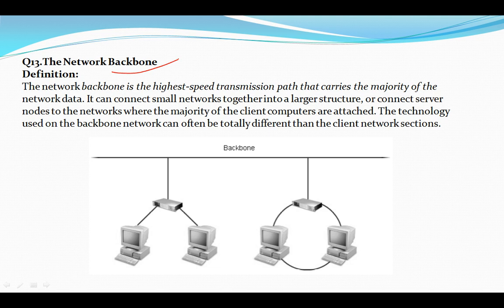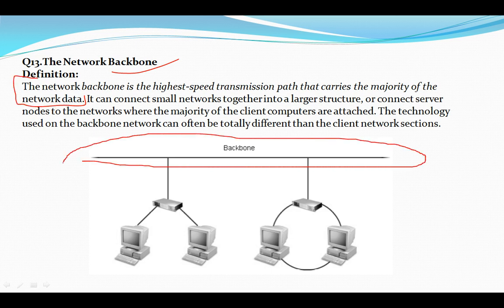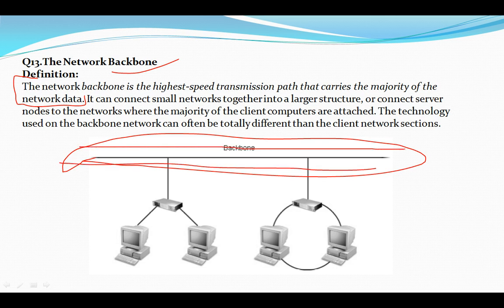Now, what do you mean by network backbone? The definition is: the network backbone is a higher speed transmission path that carries the majority of the network data. So it's the main line on the network which comes from the ISP to your network, and it transmits higher speed data.